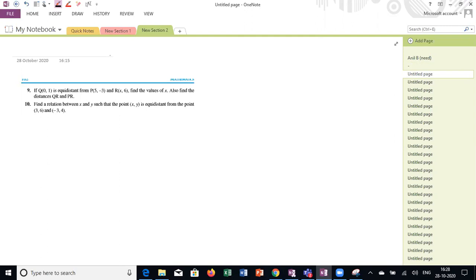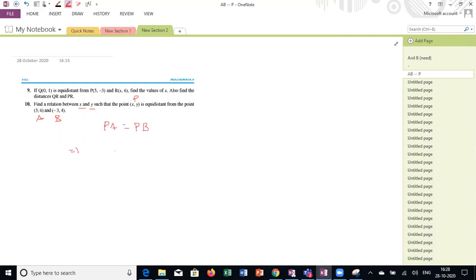Find the relation between x and y such that the point (x, y) is equidistant from the points (3, 6) and (-3, 4). It's also simple. Assume this point is P and the given points are A and B. He's asking for the relation between x and y. He's not asking you to calculate something of x and y. He is asking what expression you will get. That relation depicts PA is equal to PB.